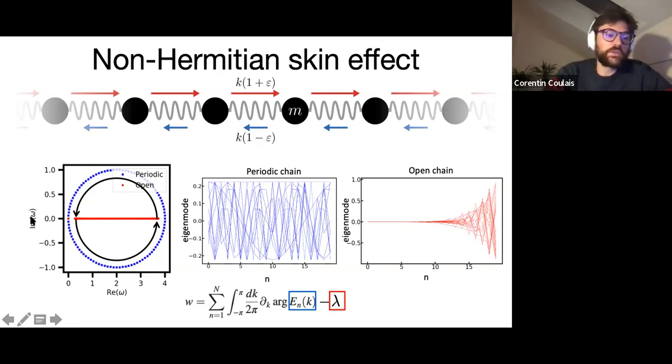And if you wind but not around an eigenvalue, then you have a winding number of 0, right? So you can, in principle, define a topological quantity here, and people have also found a link between the sign of this winding number and the side on which you localize your edge modes. Okay.